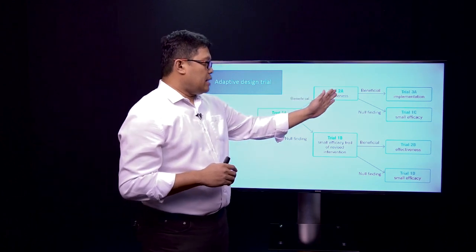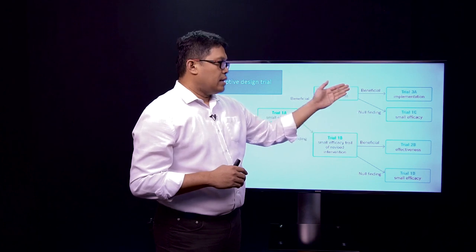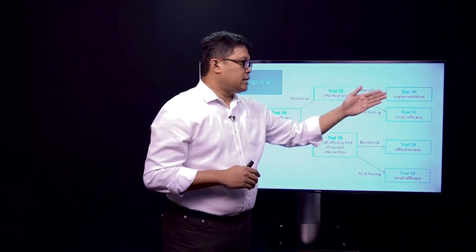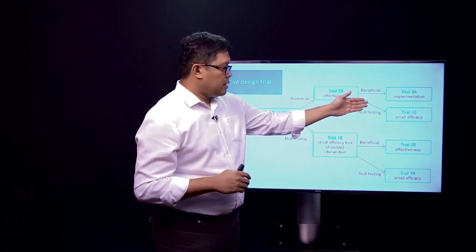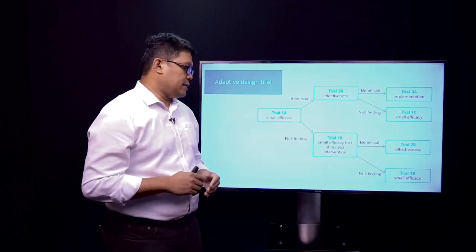And after several periods, we also measure the outcome. If there is a beneficial outcome, then we can go to the next trial, but if there are no positive findings, then they will have an additional intervention.